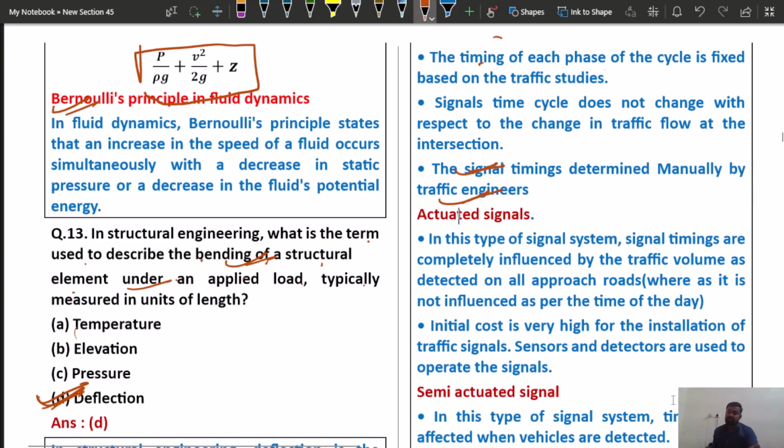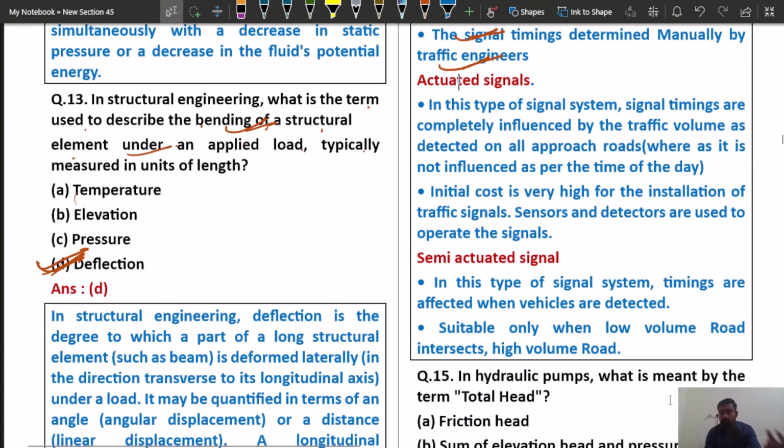Next is actuated signals. In this type of signal, detectors and sensors are provided to operate the signals, and this is costlier than other signal systems. In this, the signal timing is completely influenced by the traffic volume, and it is computed by the sensors and detectors. Other is semi-actuated signal.